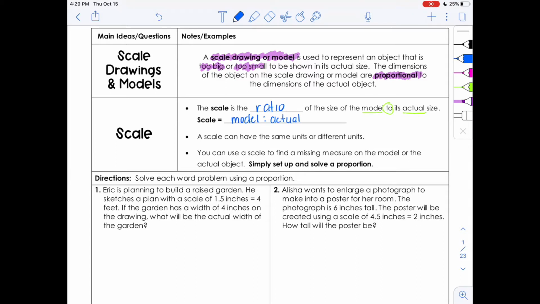A scale can have the same units or different units. You can use a scale to find a missing measure on a model or the actual object. These are the two things we're going to be looking at today. You simply have to set up the proportion and solve it. So let's dive into some examples.